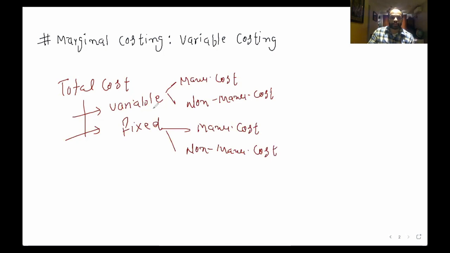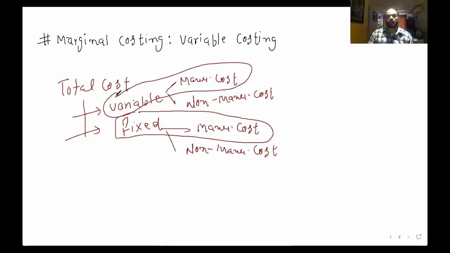So you can see that fixed manufacturing and variable manufacturing, we keep them separate. So keep them separate means when we are estimating our manufacturing cost, we do not involve fixed cost here.